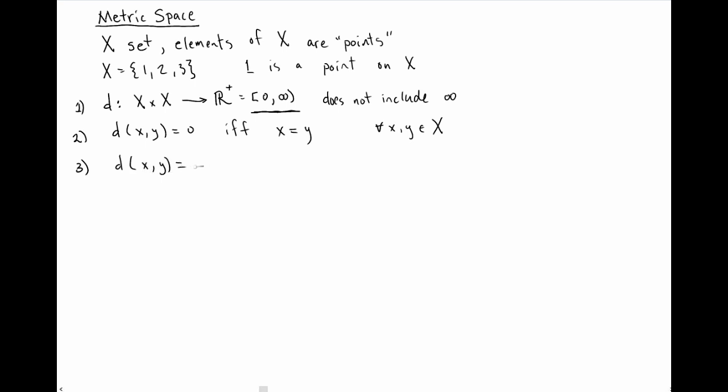So we need that the distance d, sort of a distance between X and Y, is the same as the distance between Y and X for every X and Y in X. And for something that is generally the most difficult to check is whether or not the following relation holds, which is called the triangle inequality.